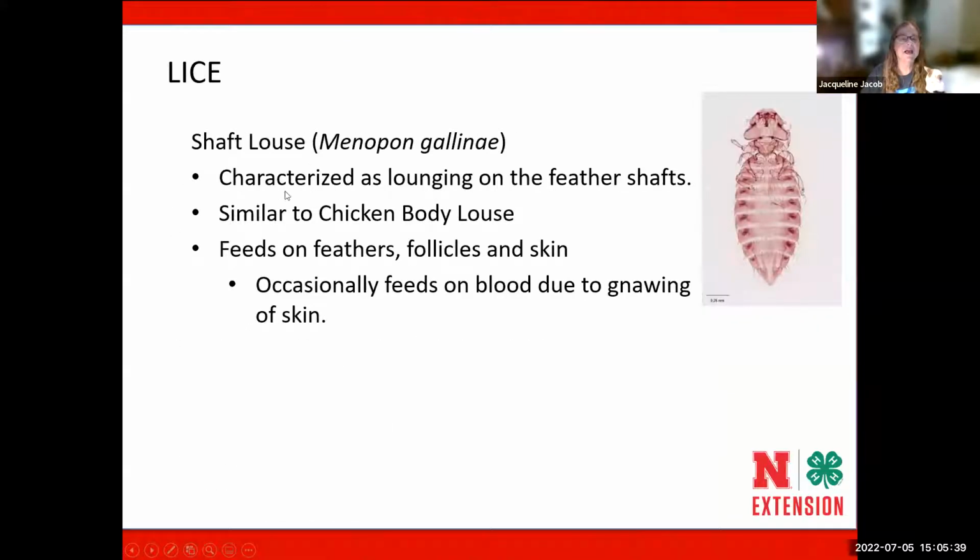The shaft louse is characterized by lounging around on the feather shafts, as the name would imply. They are very similar to the body lice. They feed on feathers, follicles, and skin, and occasionally blood appears because of their gnawing activity.